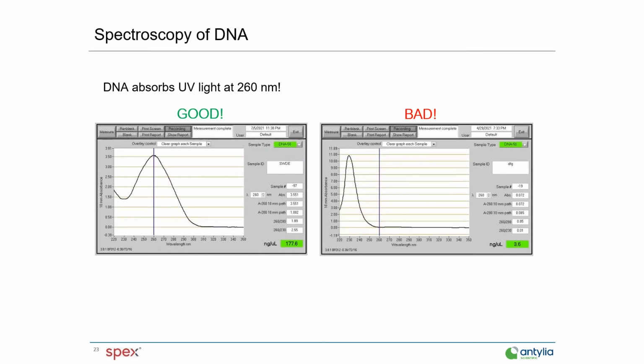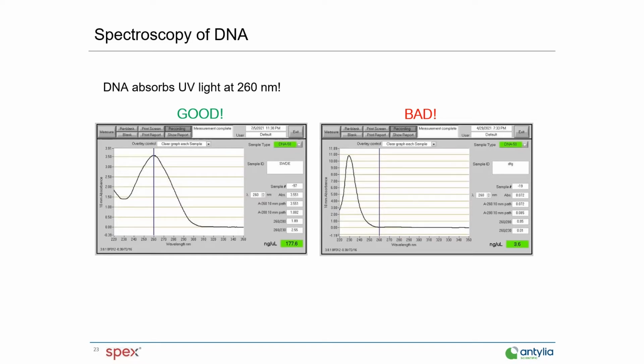The nice thing is that we also get good DNA from this. So if you do spectrophotometry, you want to see a nice sharp peak at 260 nanometers. And you can see that our kit really has a nice sharp peak. What you don't want to see is a broad band across many different wavelengths, or a very thin band at the wrong wavelength.